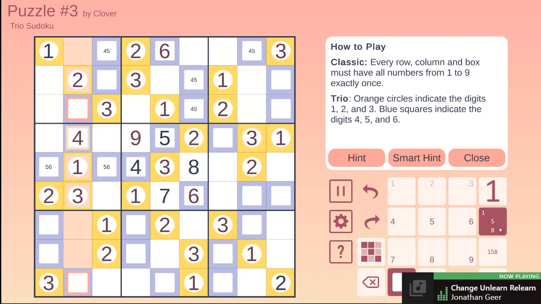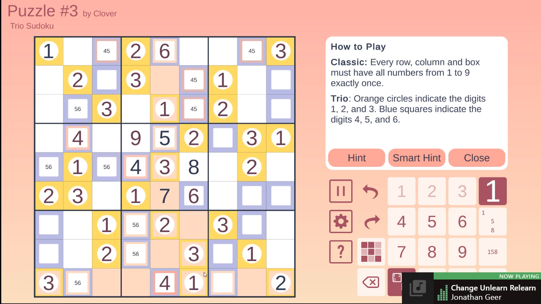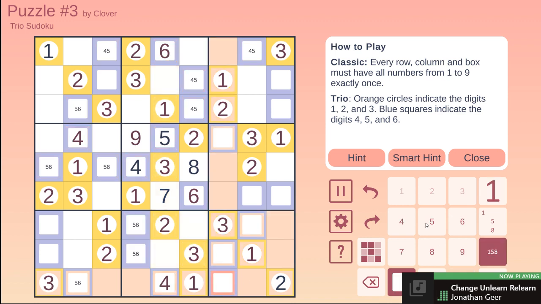This has to be a 5, 6 pair as well. Okay. This has to be a 5, 6 pair, thus making this a 4. Right. Thus making this a 5 or a 6.